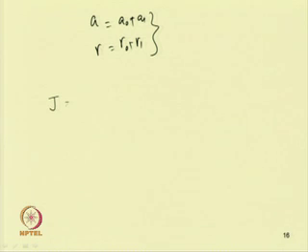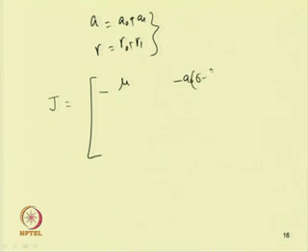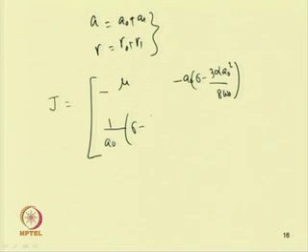This Jacobian matrix can be written in this form: minus mu, minus A 0 into sigma minus 3 alpha A 0 square by 8 omega 0; 1 by A 0 into sigma minus 9 alpha A 0 square by 8 omega 0, and minus mu.